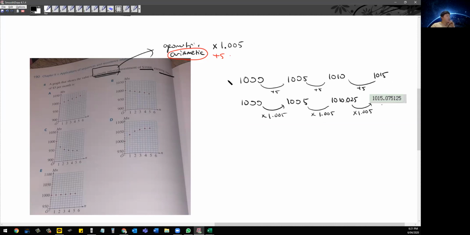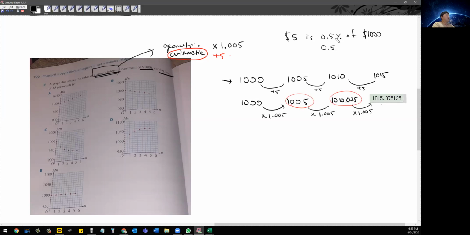So this one over here is just adding $5, and $5 is 0.5% of $1,000. Whereas when you are going from there to there, you're actually, let me ask you this.